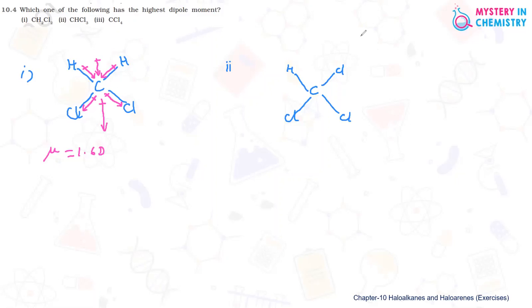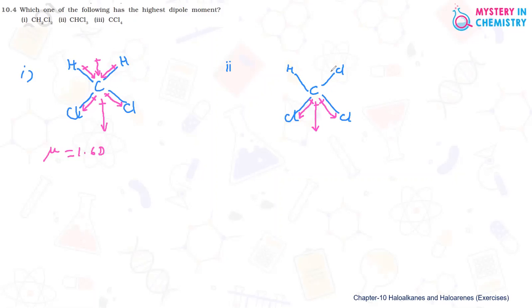After that, we know that the carbon-chlorine bond is a polar bond. So here, again, this bond is polar. So we can show the dipole moment by this arrow. And resultant of these two should be this one. So this is the dipole moment.